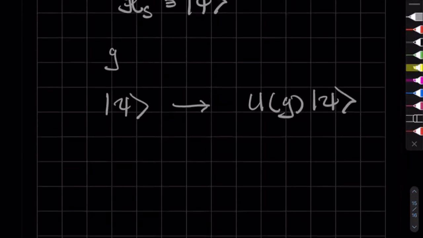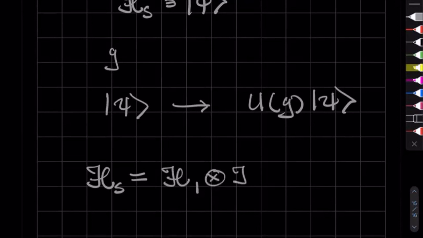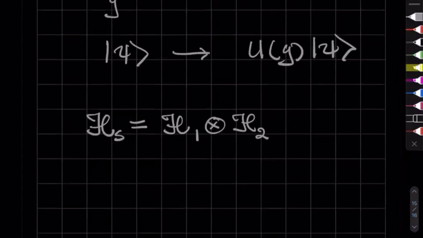Okay. But if, on the other hand, your Hilbert space is, say, part of two particles, particle 1 and particle 2, then your Hilbert space is a product of these two, and there could be entanglement and stuff like that.